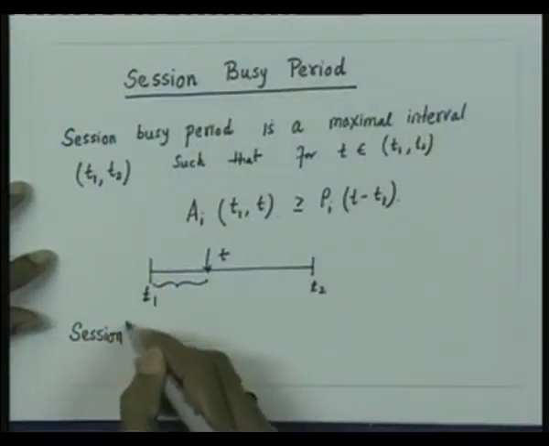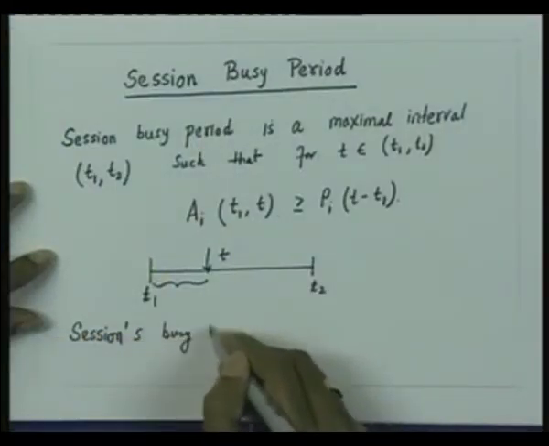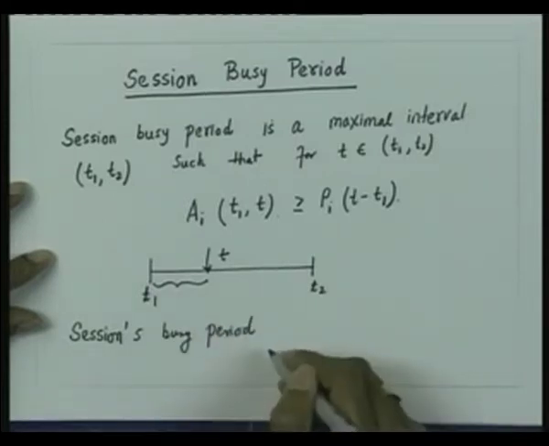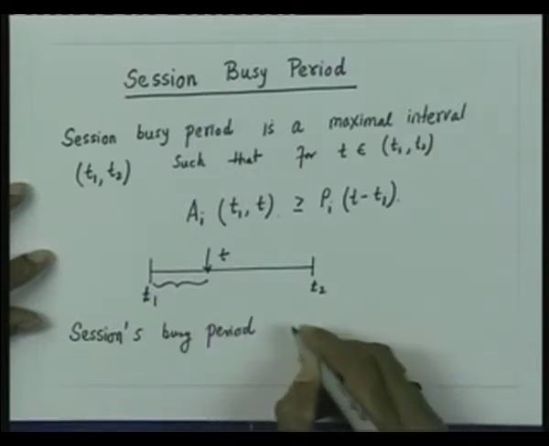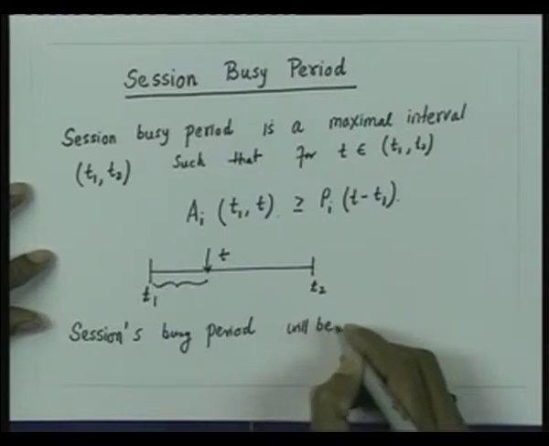So the session busy period is therefore defined with respect to a hypothetical server, and therefore the busy periods of all the sessions will be equal irrespective of the fact that we have used different scheduling algorithms in different cases. Okay, so the session's busy period will be the same for all scheduling algorithms.